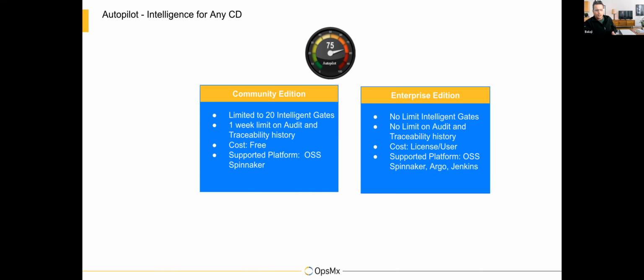But you are limited in the number of pipelines, applications, or services you can use it with. We're also limiting the audit data to about a week. In the Enterprise Edition there is no limit, but it is a licensed product per user. The Community Edition today is focused primarily on OSS Spinnaker, and the Enterprise Edition supports other tools like Argo and Jenkins, etc.